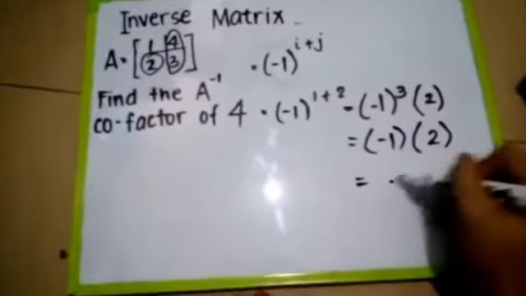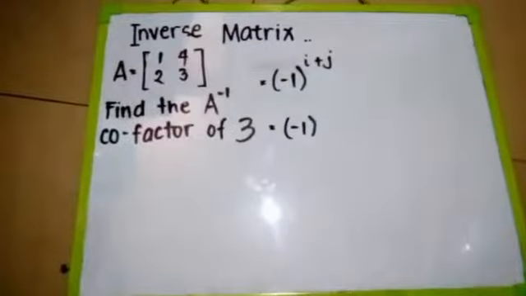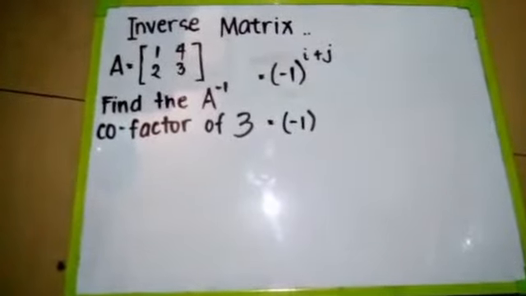Negative 1 times 2 is equal to negative 2. Then negative 2 is the cofactor of 4. And now, we will find the cofactor of 3.